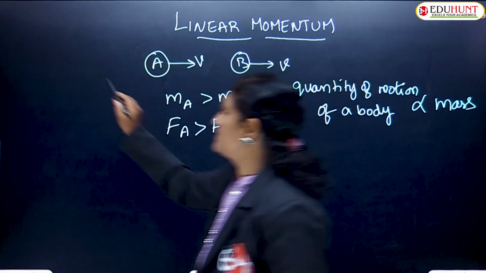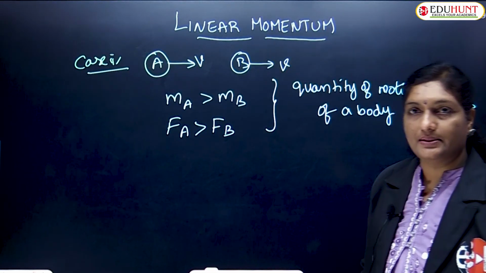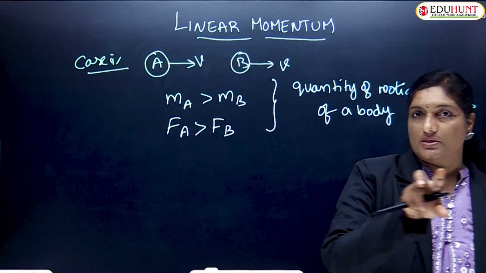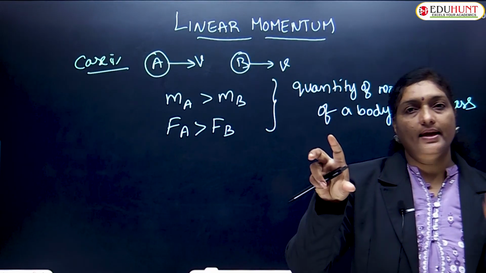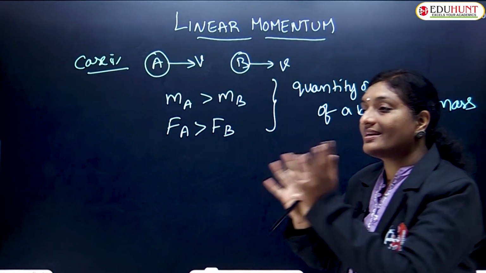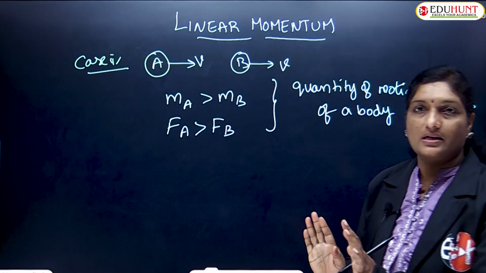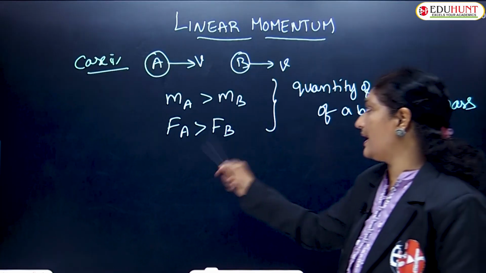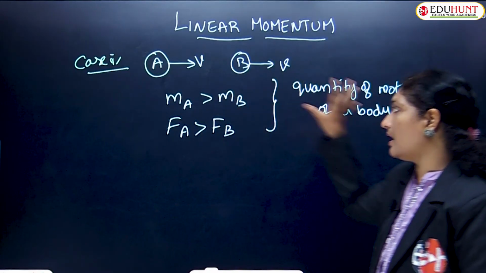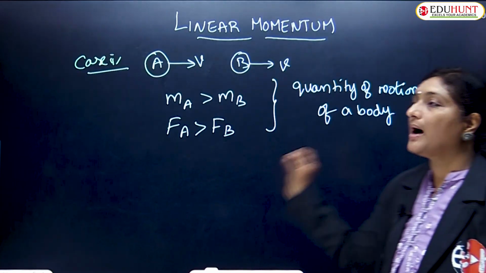So this we have considered in case 1. I am just giving you an example where we consider two different bodies, A and B, moving with velocity v, and the mass of A is greater than the mass of B. The force required to stop the heavier body is larger than the force required to stop the lighter body, that is, force A is greater than force B. Hence we can conclude that the quantity of motion of a body is directly proportional to the mass of the body.